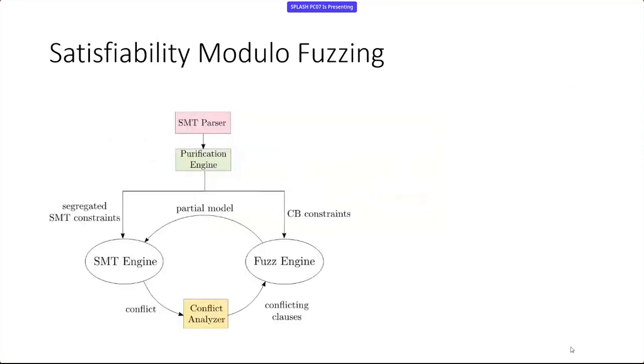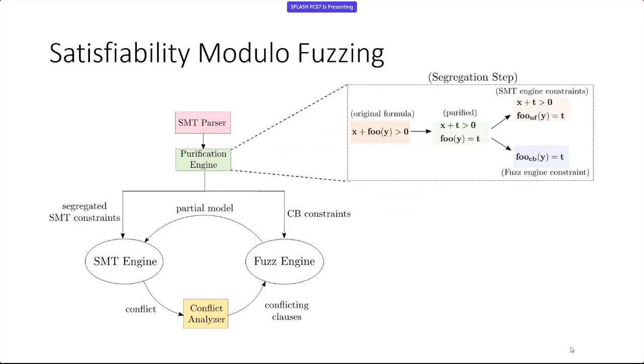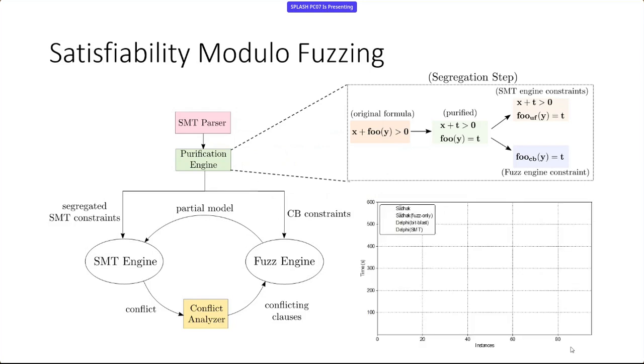If you give an SMT query, it will purify those queries and separate out what the SMT solver needs to solve and what the fuzzer needs to solve. Then we use SMT solving and fuzzing in synergy to find a satisfiable instance for our SMT queries.